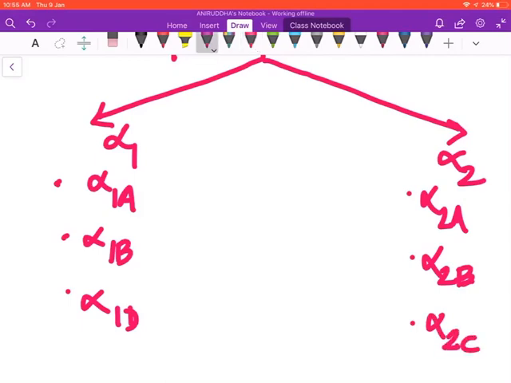So all the three alpha 1 receptors, these three, all of them are Gq type of GPCR, that is G protein coupled receptor.